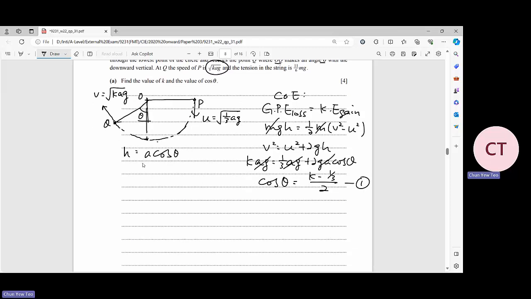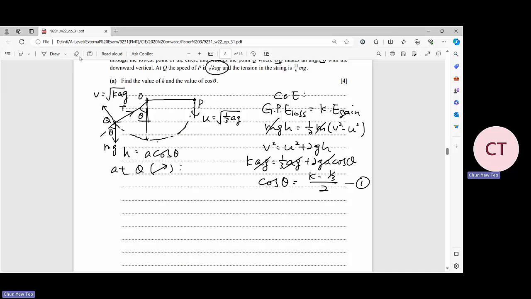So after dealing with the conservation of energy, now we want to resolve forces at Q. At Q, if I resolve the forces towards the center of the circle, I have T here. This is the mg, and this is the theta. My Q and theta look alike, so don't get confused.